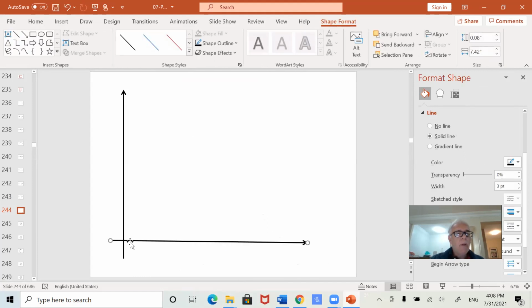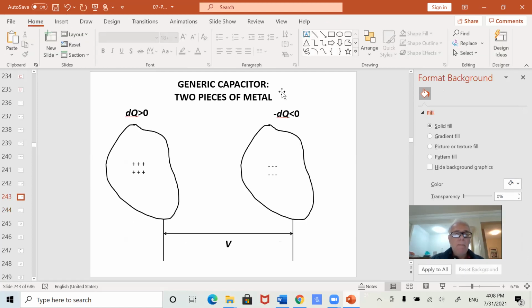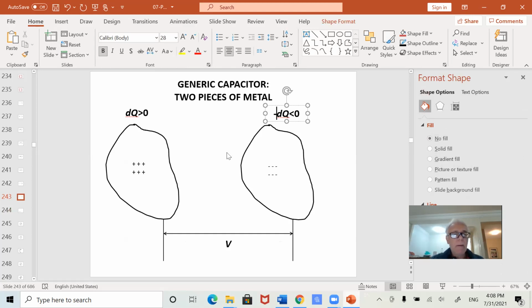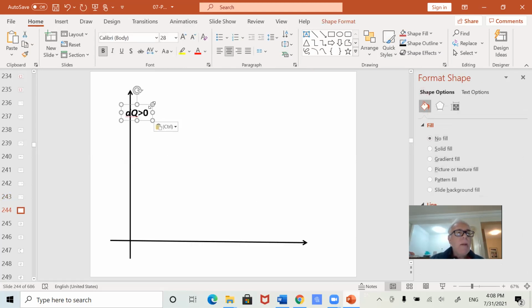So we start with a capacitor that is uncharged. So here you go. Delta V means the difference in electric potential between each plate. Okay? So here you go.